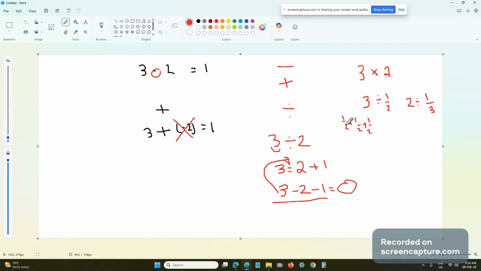In other words, 1, 2, 3, 4, 5, 6 times, okay? Did I do that right? Yes. And similarly here, you'd be measuring 2 with a third. It would be a third plus a third plus a third, and another 3 of these, just as we have another 3 of these, and the answer is the same. And of course, this is what division is.